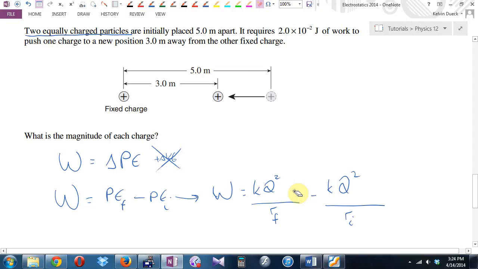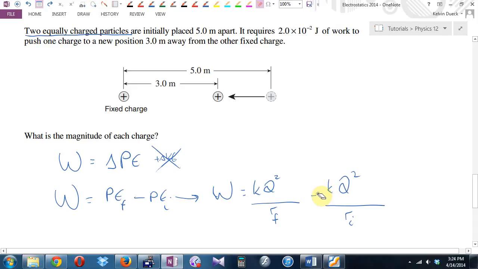Where would I go from here? Now, you could start plugging numbers in. I think I would still try and get the Q's by themselves. Is there a Q in this term? And here? It's a GCF. How many Q's would I like? 1. How many do I have on the right-hand side? 2. Well, Q squared.